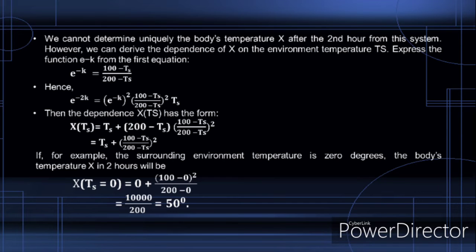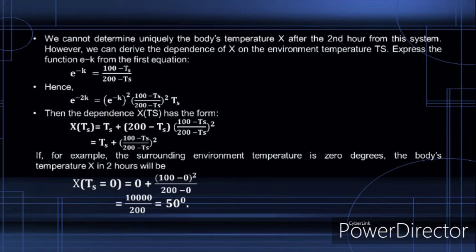If, for example, the surrounding environment temperature is 0 degrees, the body's temperature x in 2 hours will be x(t_s) equals 0, which is 0 degrees, equals 0 plus (100 minus 0) squared over (200 minus 0), equals 10,000 over 200.